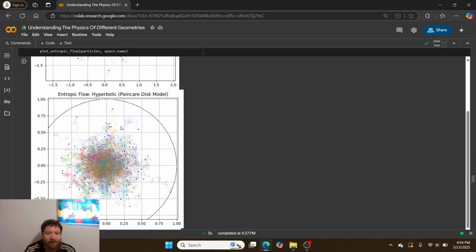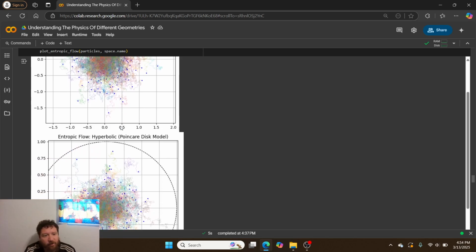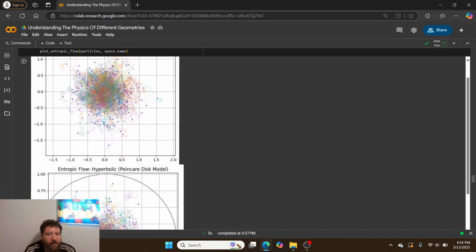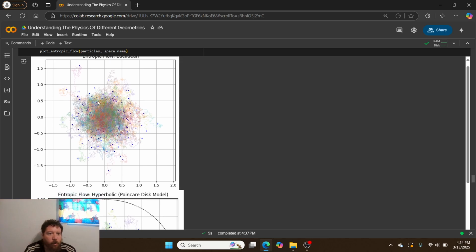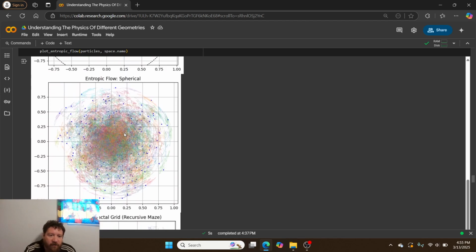Again, in this particular experiment, hyperbolic looks very similar to Euclidean, although what we can see is very different dynamics with regard to the spread. There's a more uniform spread with this Euclidean space, whereas in hyperbolic there are far more clustered dynamics, not 100% uniform with regard to the spread overall. And then spherical is the most uniform spread that you can get, beautifully uniform in this instance for an entropy spread, right?